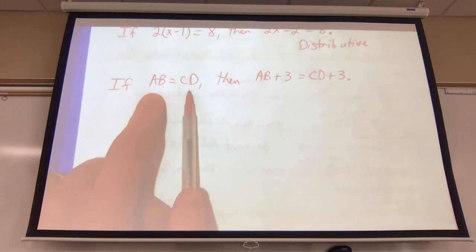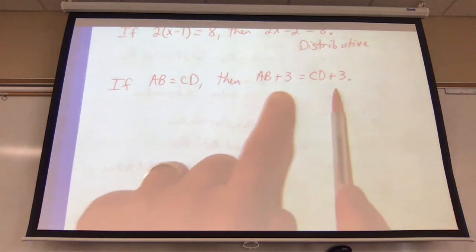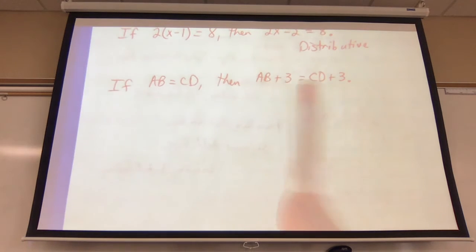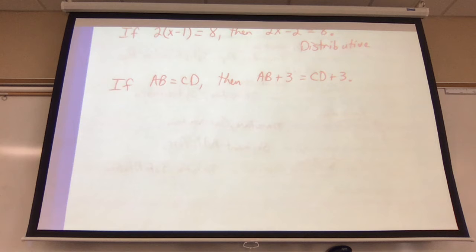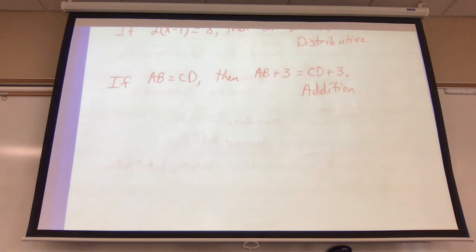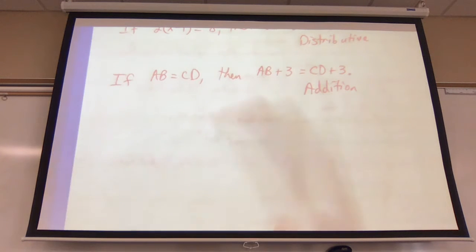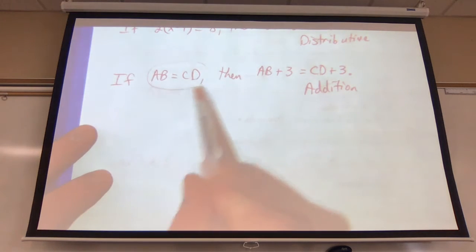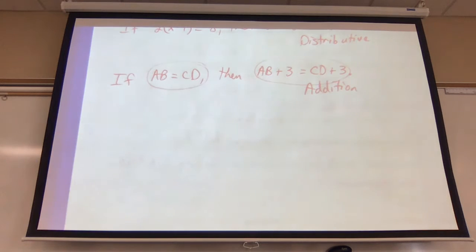In the if part, we have AB equals CD. In the then part, we add 3 to both sides. Which property allows you to add 3 to both sides? That's the addition property. Very good. So when you get the if-then forms, you're going to figure out what they did to the if to get to the then. That will be your problem.